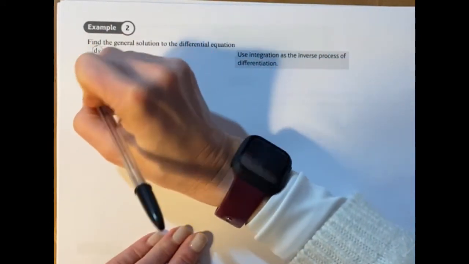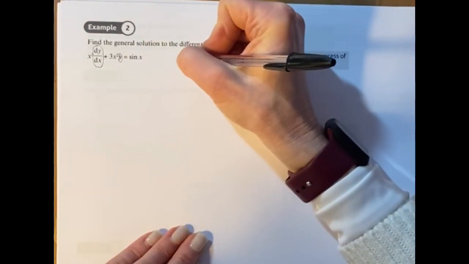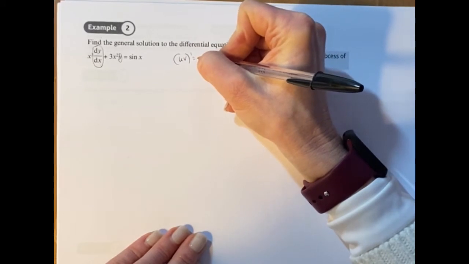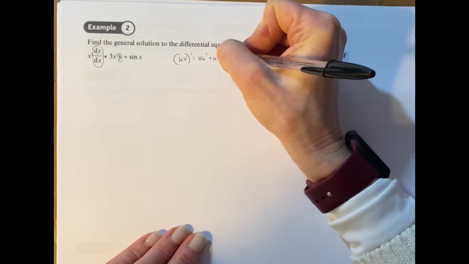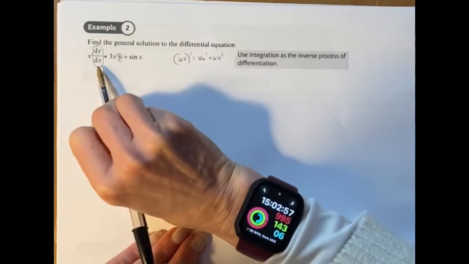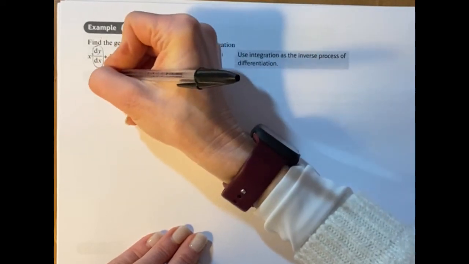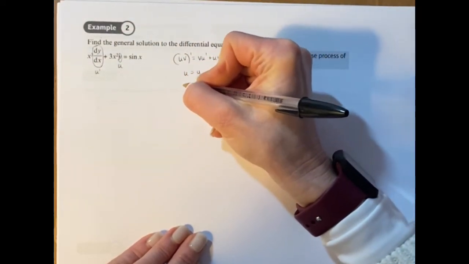So imagine in our uv differentiation, the product rule would be vu dash plus uv dash. So you're looking for a function that was differentiated. So if that was u and that was u dash, that could be the first step.